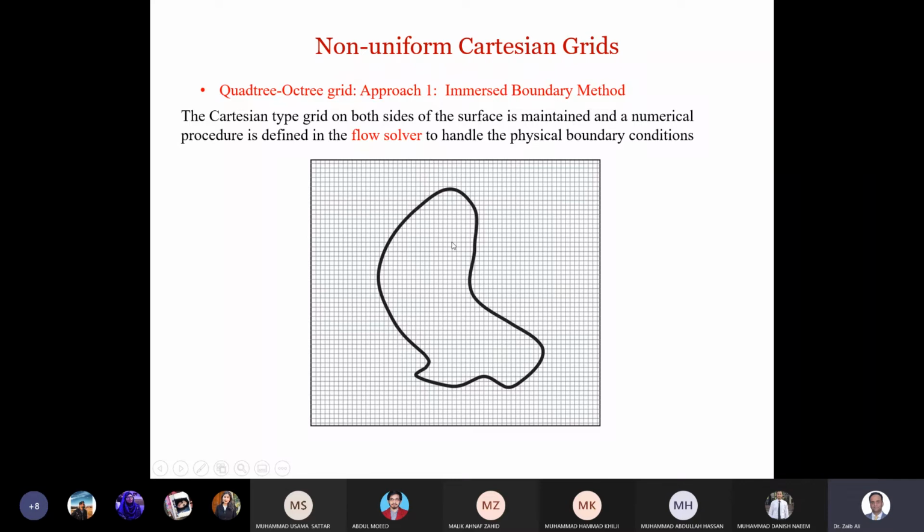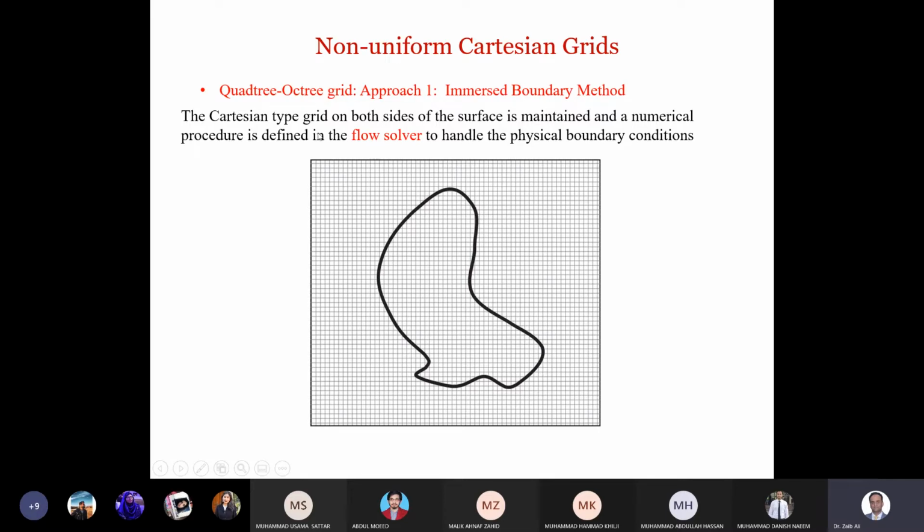So in this one, we don't respect this boundary. So this is a solid surface. Ideally, you would have created a mesh around this. Okay? But in the immersed boundary method, the mesh also crosses the boundary. And how to capture the effect of this surface then?